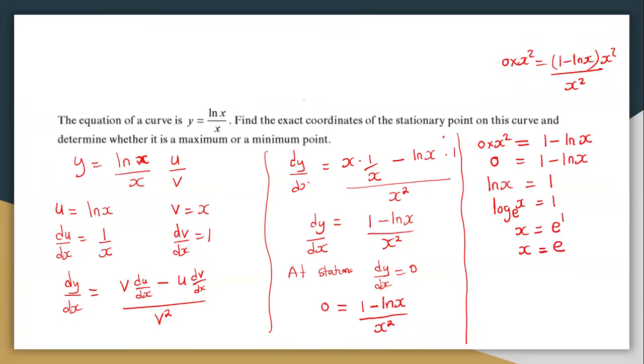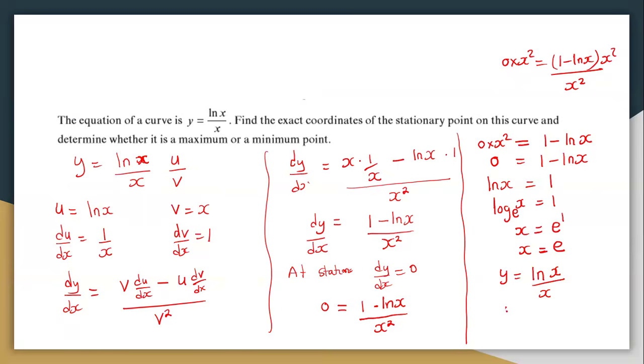Now, remember we want a coordinate. We want a point. So we are going to get also the y value. To get the y value, we go back to our original, which was ln x over x.